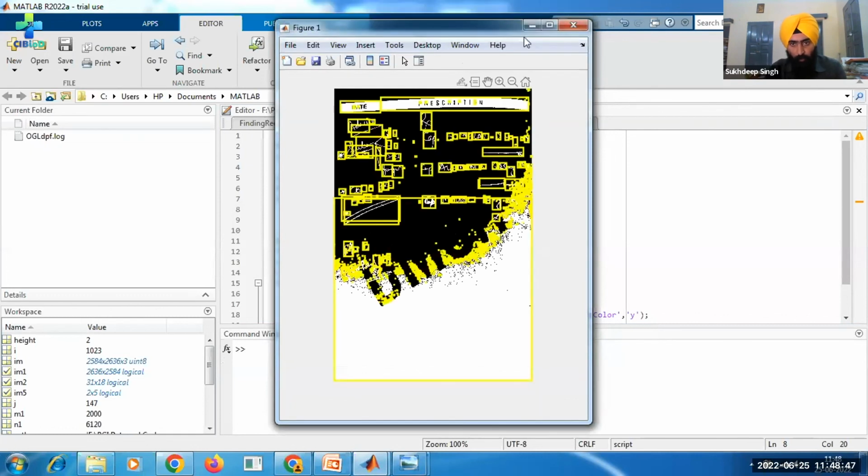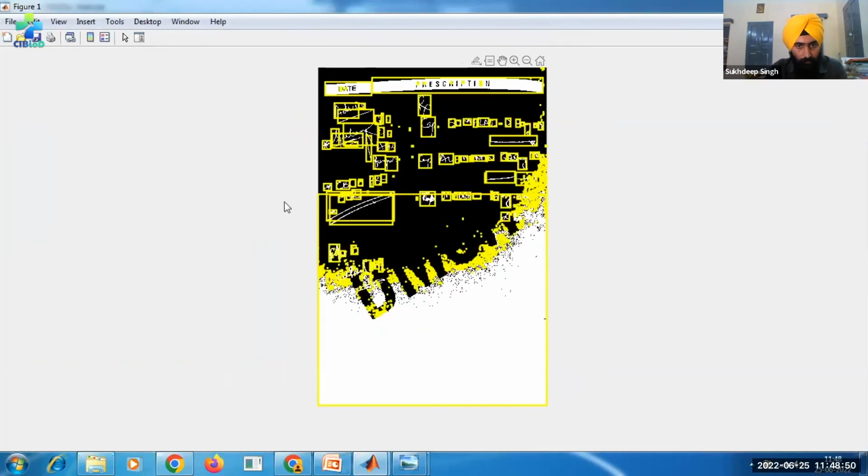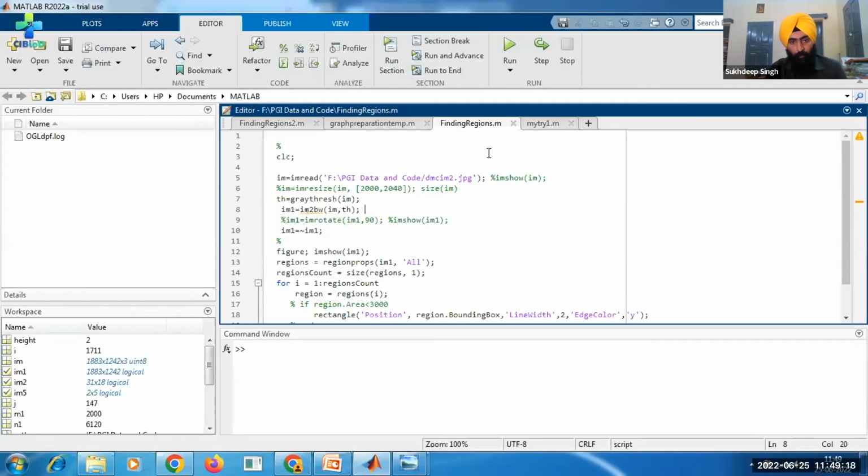My system is a little slow. So again, you can see that different trajectories of the OPD card are identified. Once we have identified these different trajectories, we have to classify which is our textual data and which is non-textual data. For that, I have developed this module.